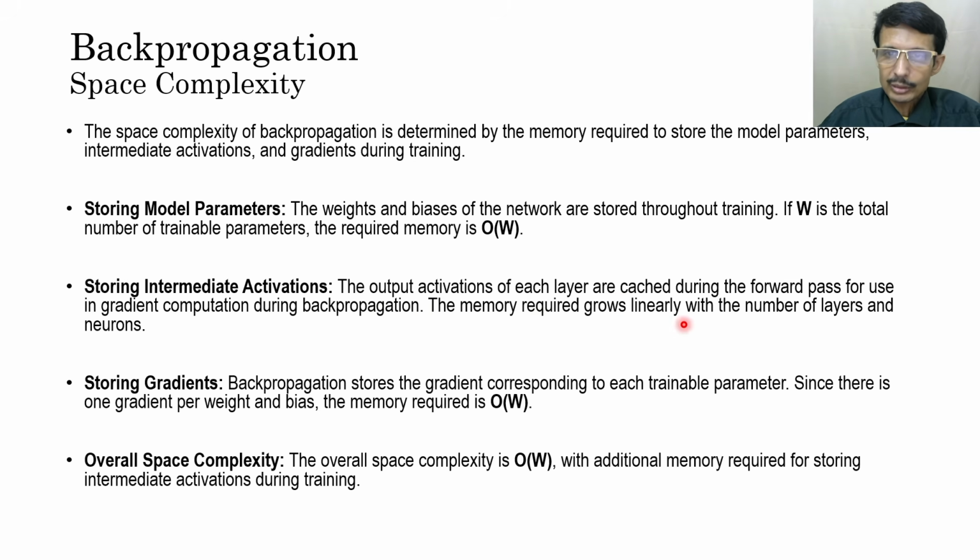So the memory required grows linearly with the number of layers. How about storing gradients? Backpropagation stores the gradient corresponding to trainable parameters. Since there is one gradient per weight or bias, the memory required is big O of W. Overall space complexity is big O of W with the additional memory required for storing the intermediate activations.